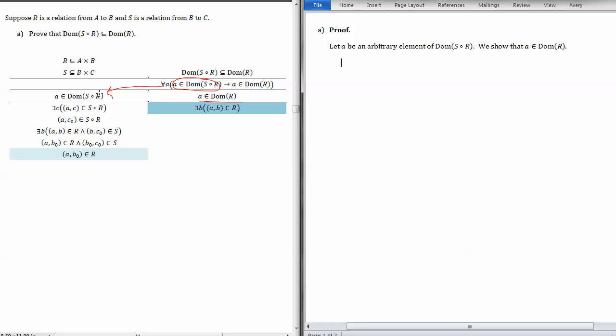We used the definition of domain, and then we eventually ended up right here with this statement about C naught. So we should say there exists some C naught in C such that (A, C naught) is in the composition of S and R.